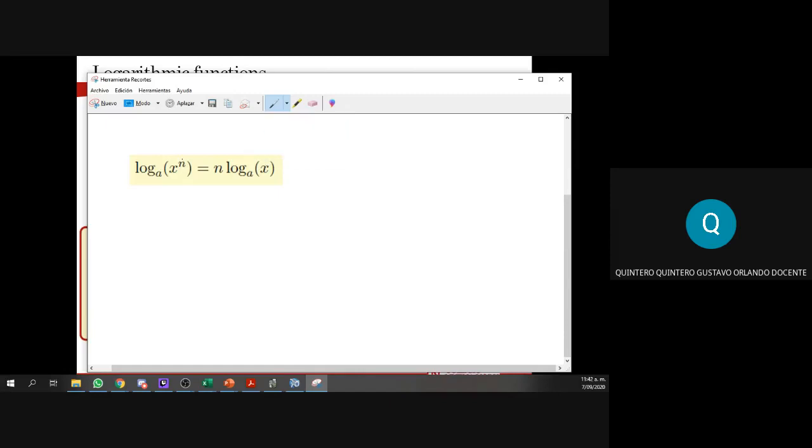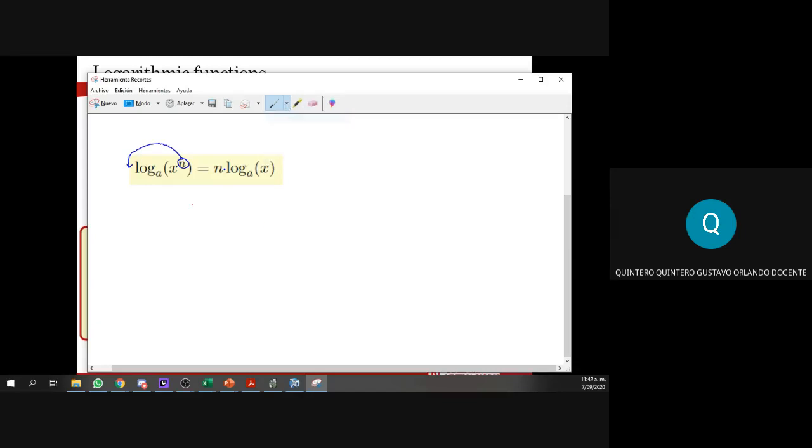Instead of having a power, we can take the exponent and move it in front of the logarithm as a factor. Remember, factor is just a fancy word for multiplication. So the n is being multiplied by the logarithm.